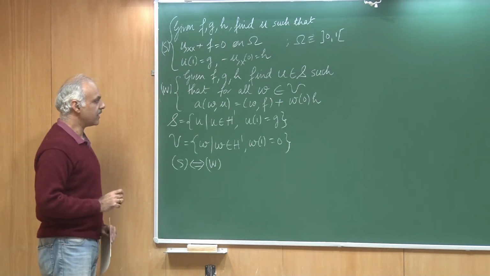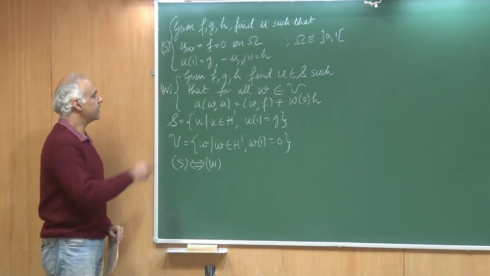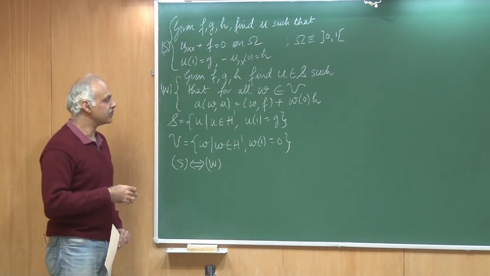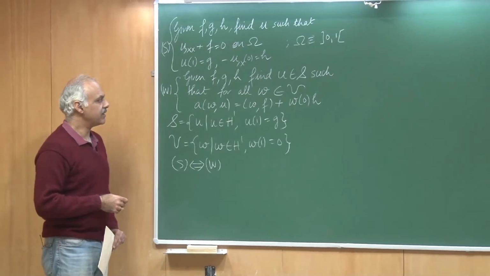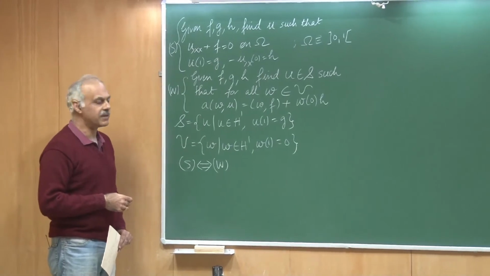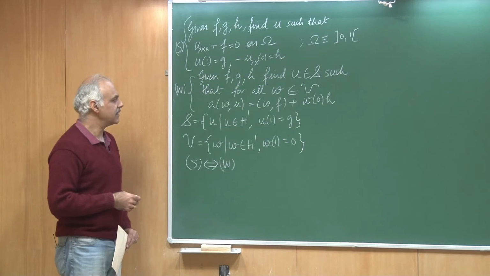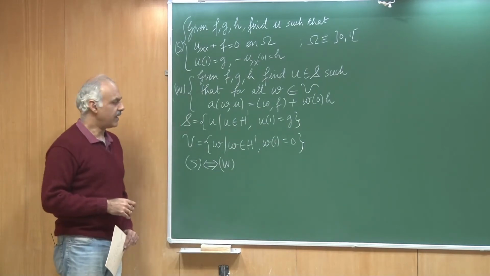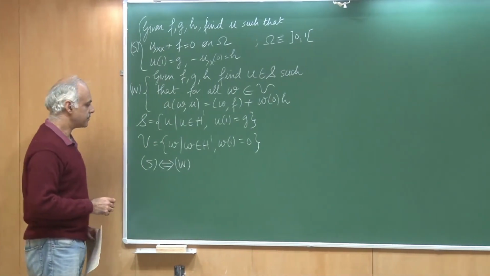So, this is what we had done in the last class, and I also impressed upon you that given a strong form, the weak form is not unique. It is possible to generate other variational forms, and we looked at an example by saying that suppose we do not integrate by parts, then we would get a little bit different weak form, and of course, then the function requirements would also be different.